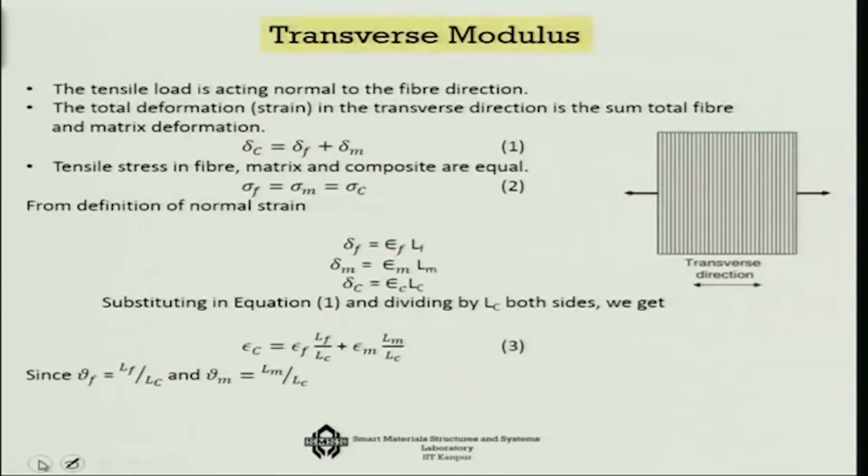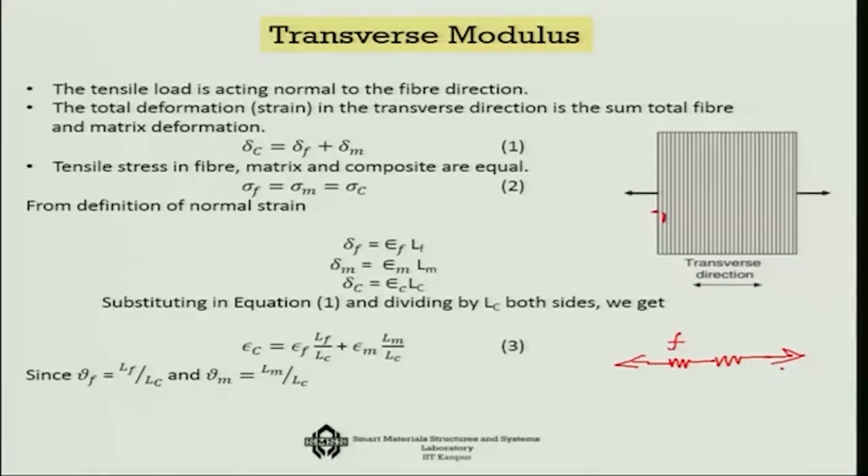What happens in the transverse modulus? The load now comes first to the fiber, suppose, and then to the in-between matrix. So it is as if there are two springs, one is the fiber spring and another is the matrix spring, and the load is getting transmitted. Unlike the other case where they are sharing, here the same load is getting passed.